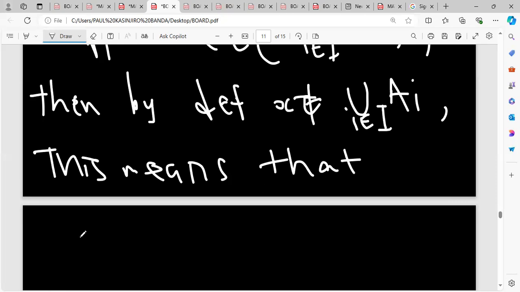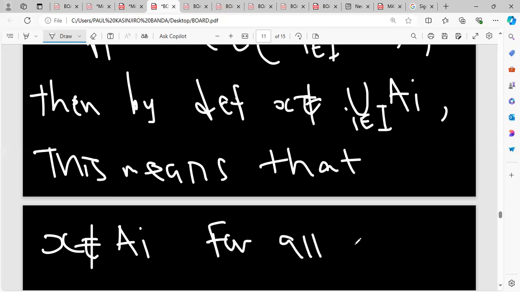So you write that x is not a member of these A_i's for all i, where i is a member of the indexing set big I. So why are we saying this?